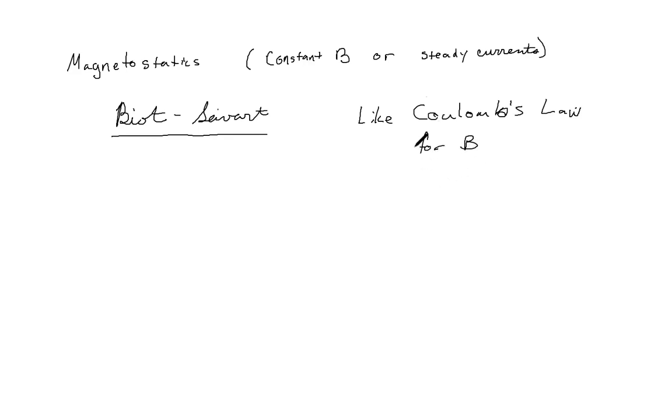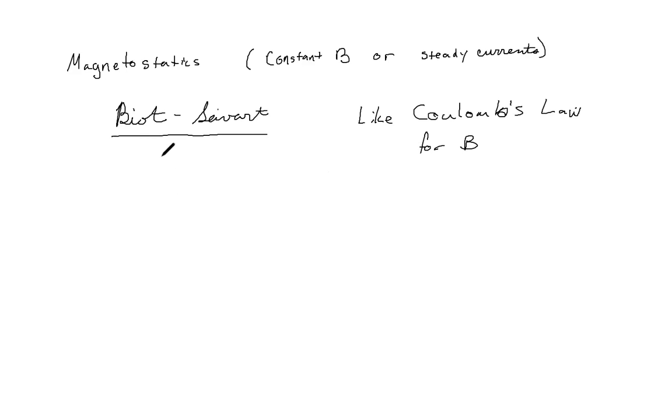It's like Coulomb's law in the sense that it's an integral equation, which allows us to look at the distribution of current and do an integral to calculate the magnetic field it produces.